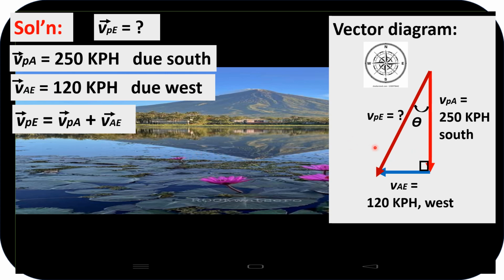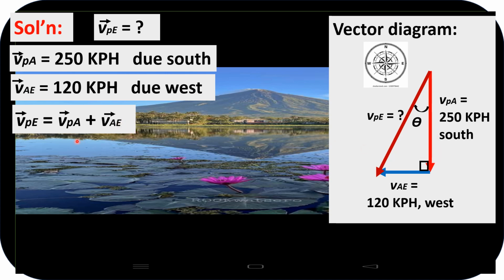Since the three vectors, when connected as shown in this diagram, form a right triangle, the resultant vector v sub PE becomes the hypotenuse, the vector v sub AE becomes the opposite side of the angle theta, and v sub PA is the adjacent side of the right triangle.